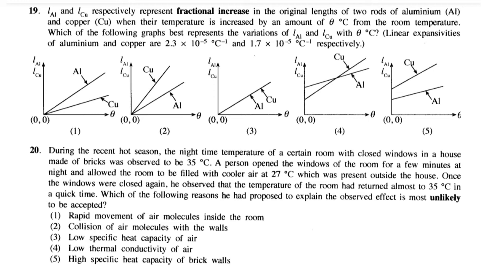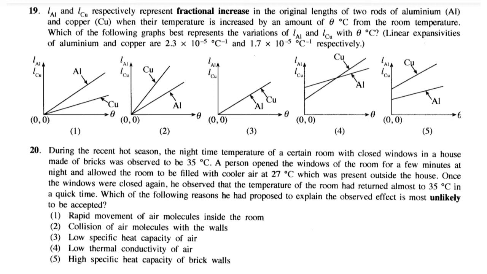The fractional increase is given by delta L over L, if L is the original length and delta L is the expansion in length. So fractional increase is delta L over L.